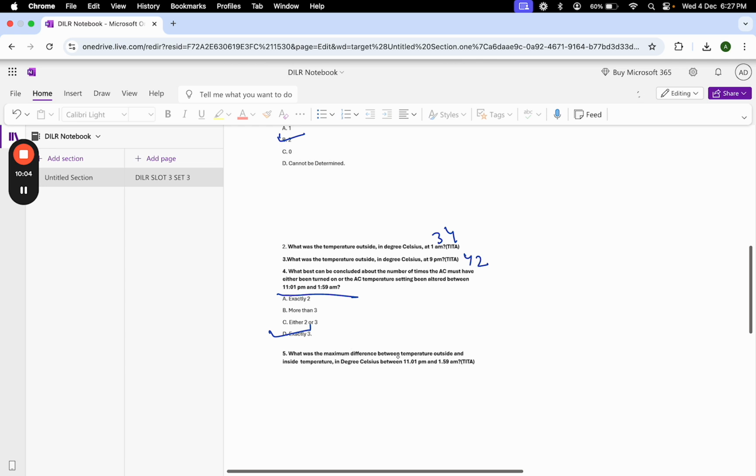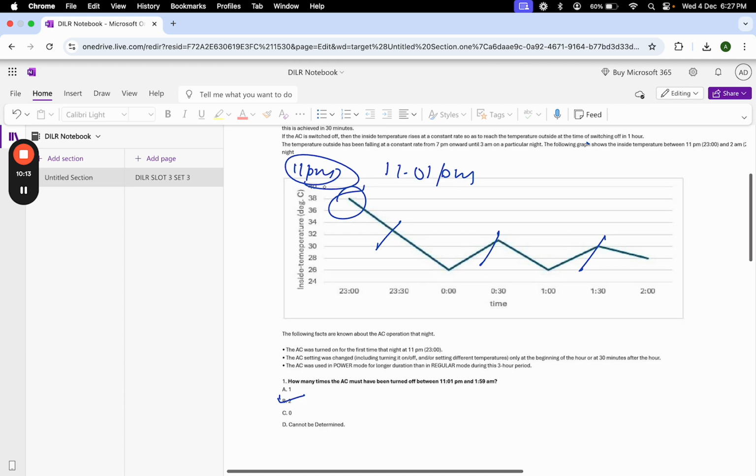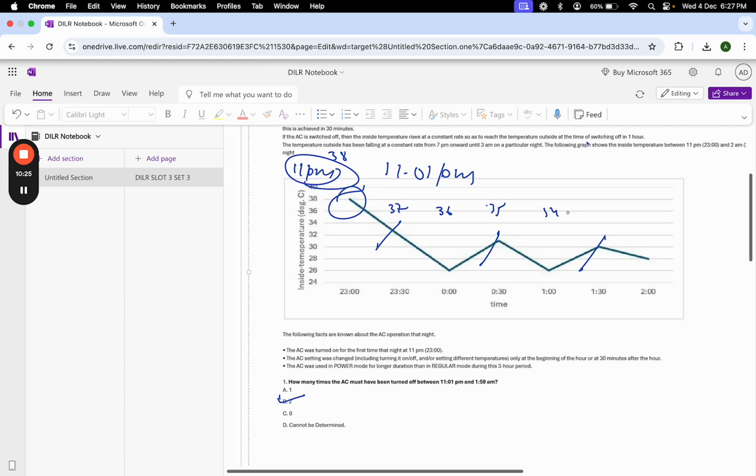What was the maximum difference between temperature outside and inside in degrees Celsius between 11:01 and 1:59 a.m.? So the temperature here was 38, here was 37, 36, 35, 34, 33, 32.